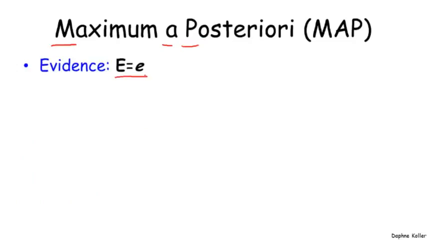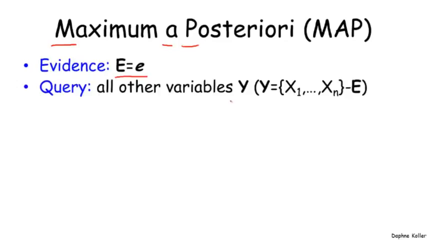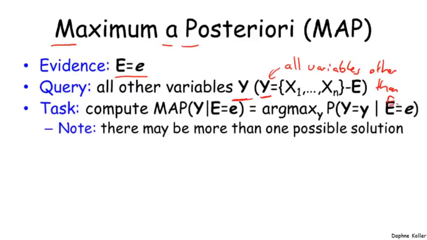Here we have a set of evidence of observations, little e over some variables E, and we have a query Y. And it turns out that for computational reasons that we're not going to discuss for the moment, it's important that the set of Y's is everything, all of the variables other than E. So now our task is to compute what's called the MAP assignment, which is the assignment little y to the variables Y that maximizes the conditional probability of the variables Y given the evidence.